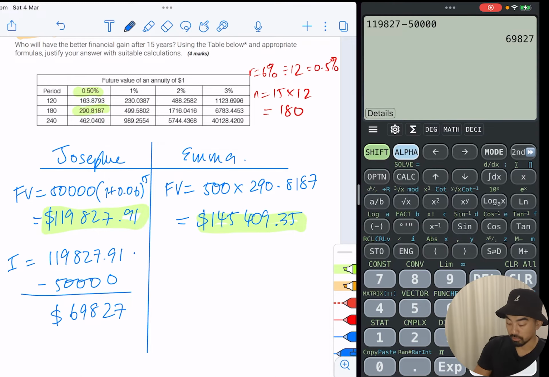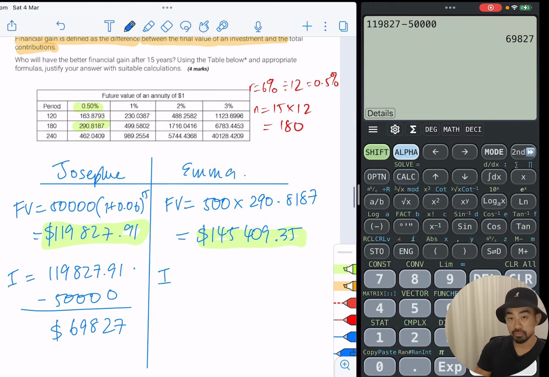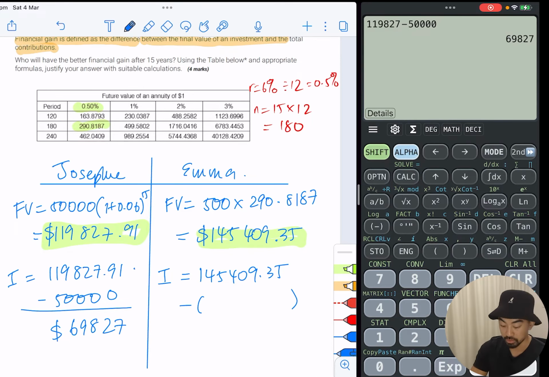Now we've got to work out Emma. Emma's a little bit more complicated, right? Because she has invested $500 every month for 15 years. So her interest is going to be her future value, and we need to take away all her contributions. That's $500 each month for 15 years.